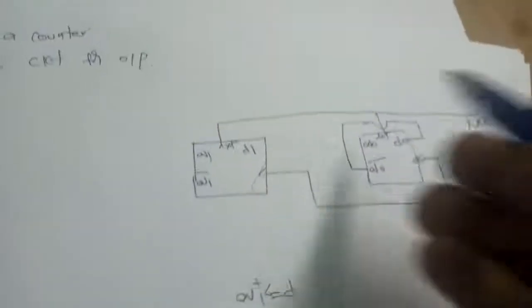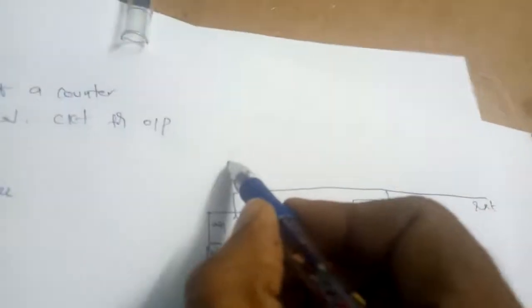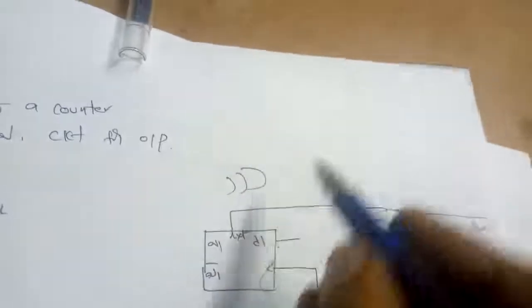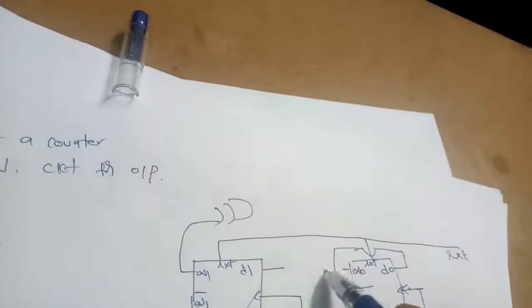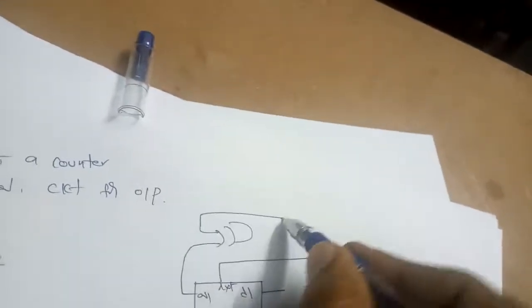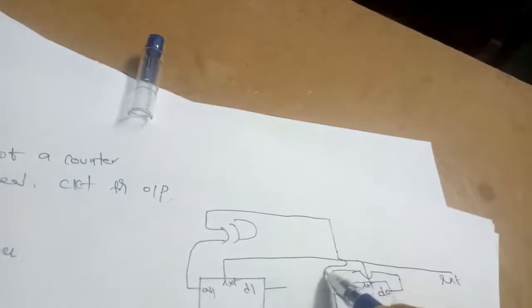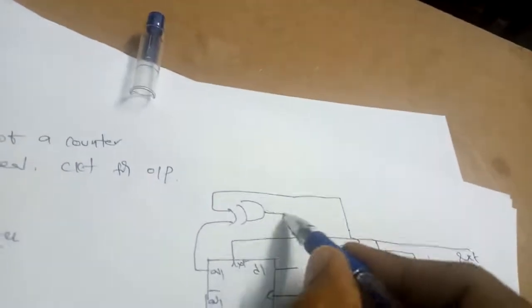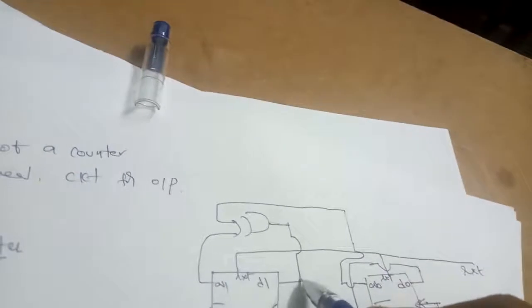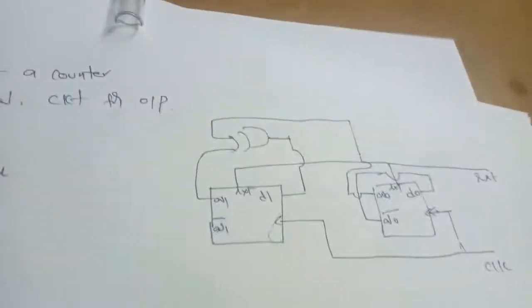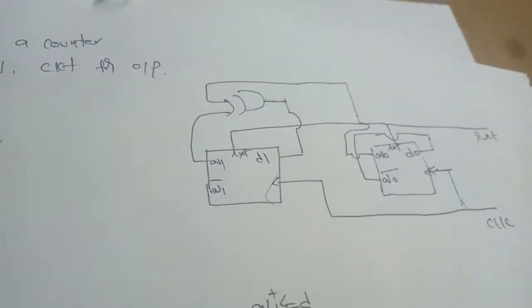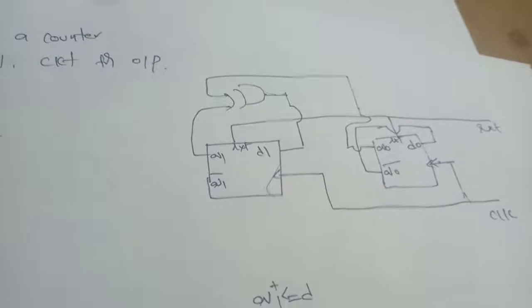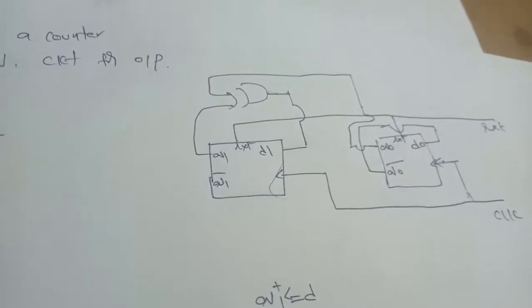So for D1, take an XOR gate with inputs Q1 and Q0, and the XOR gate output is given to D1. This is the counter which we have drawn based on the relationship between D0, D1 and the present state and next state outputs. This is the first step we have done.